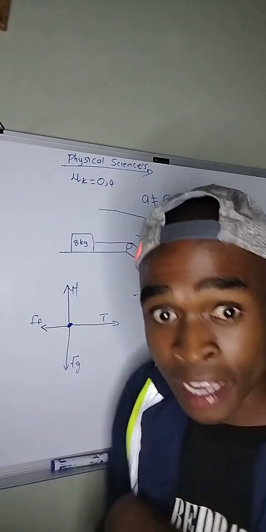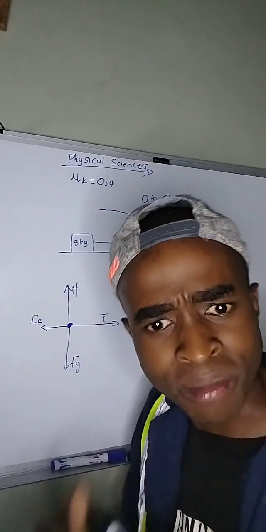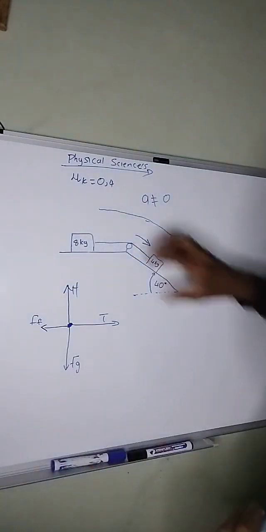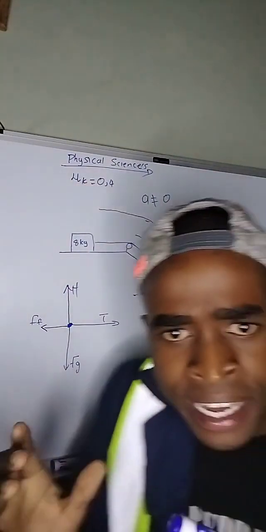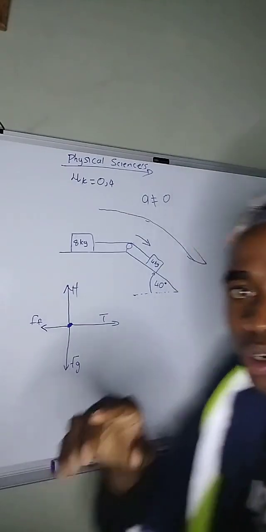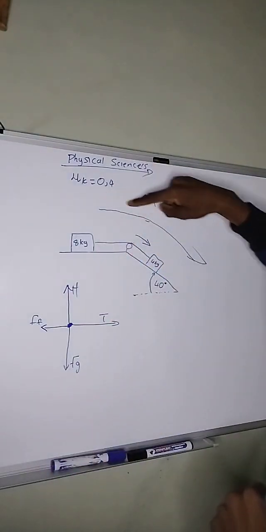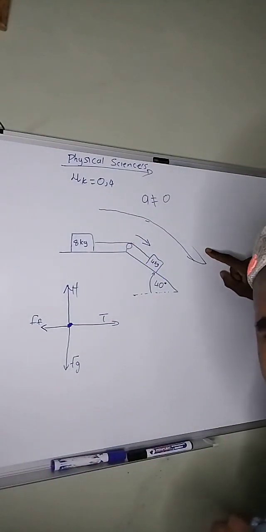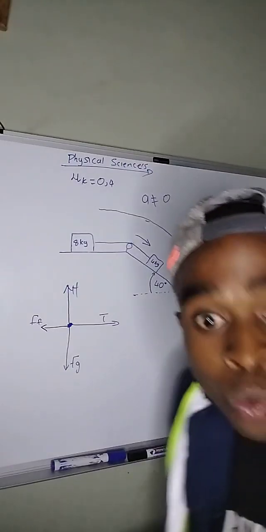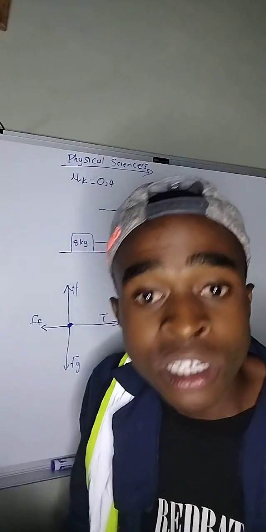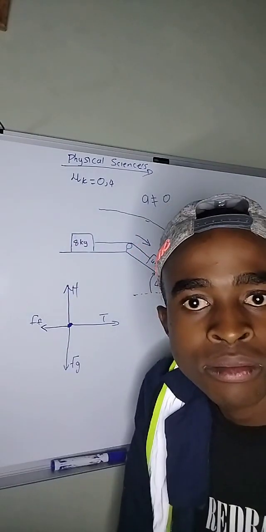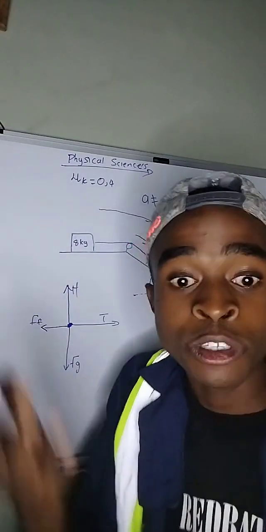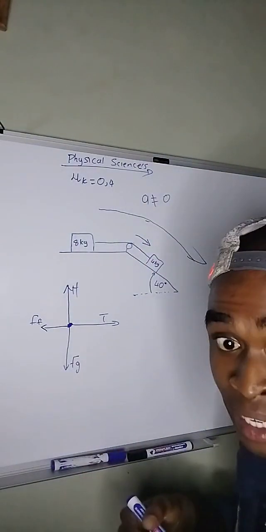We will talk about the direction. Guys, don't rush, step by step. We are still here. I told you, this system is accelerating in this direction. So we take the direction of the motion as positive.